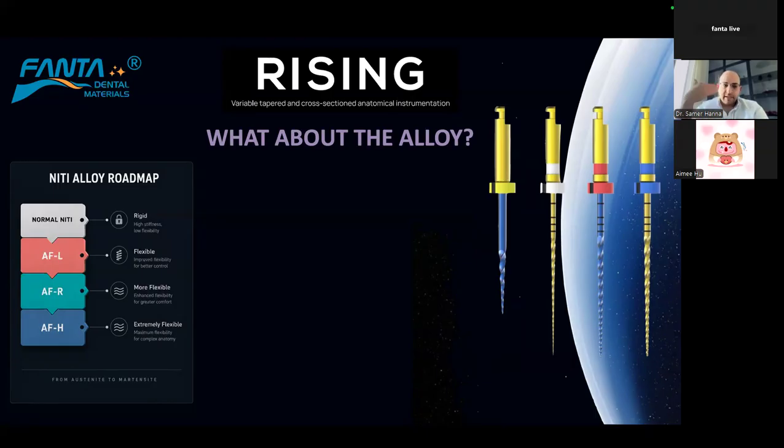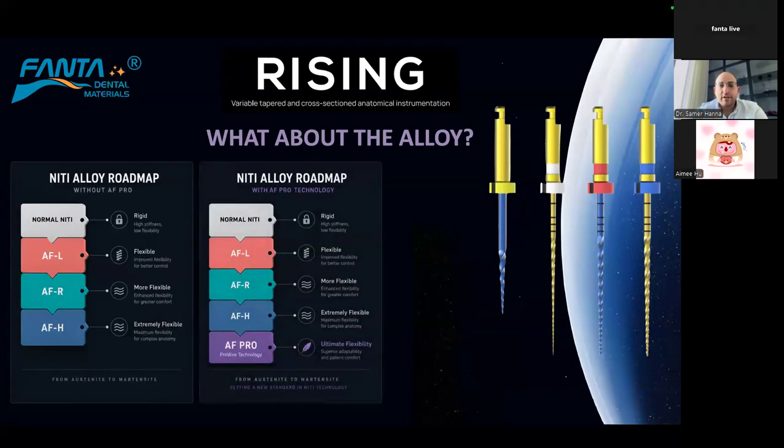Later on, the AFR was introduced, and then the AFH was introduced. All of these are different alloys that were introduced to make the alloy more designed to resist the canal problems and to offer better solutions. And then now we have a new alloy, called ProWire technology, which has the ultimate flexibility and superior adaptability and patient comfort for the file.